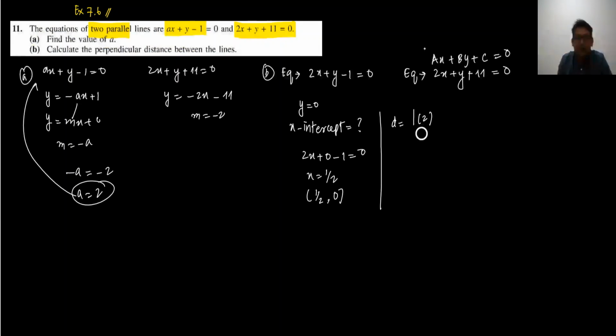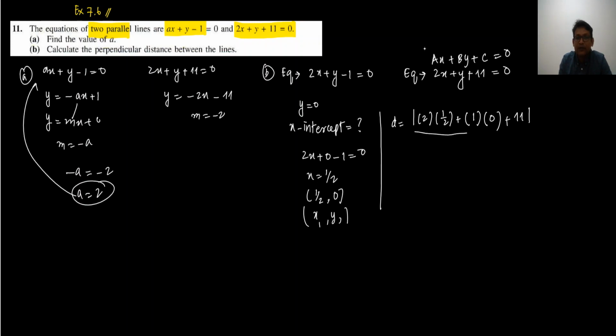So the formula is ax1, where this is x1, y1. So x1 is 1 upon 2 plus b is 1, and y1 is 0, plus 11, in the modulus.